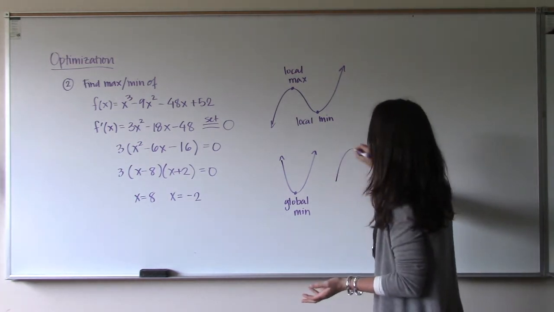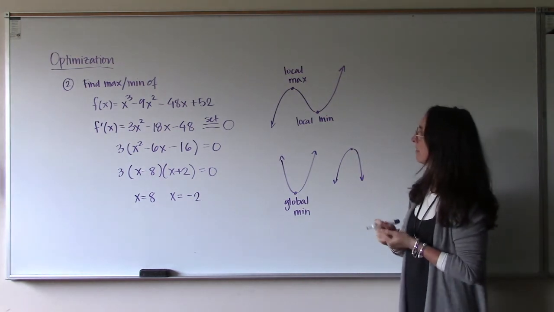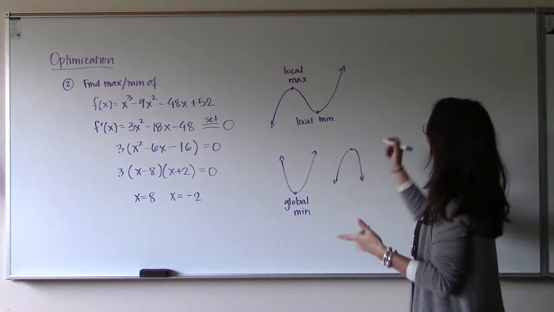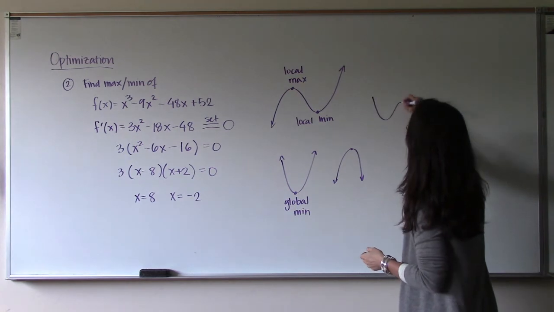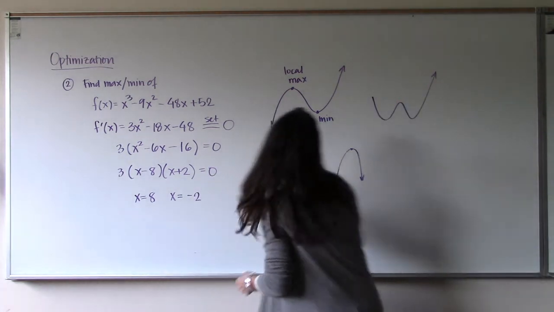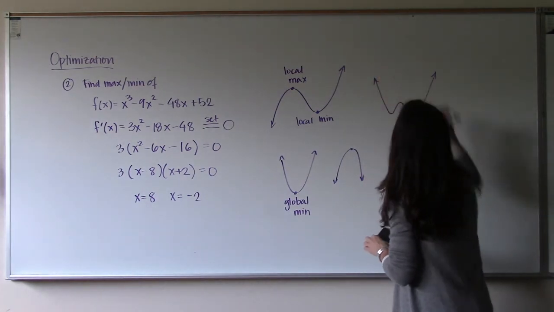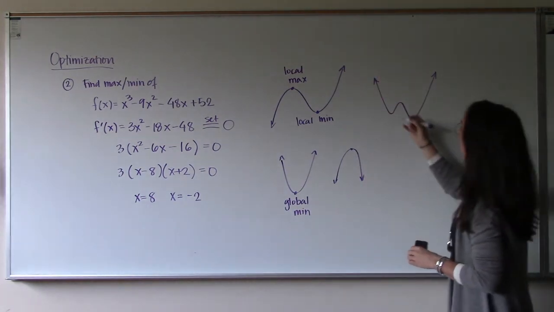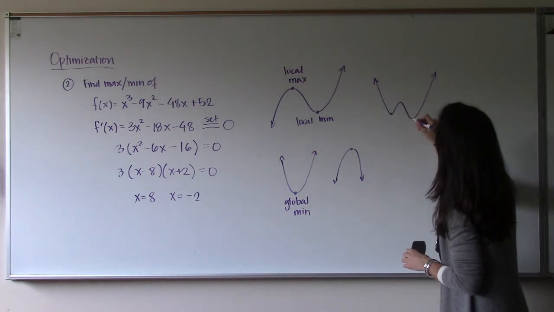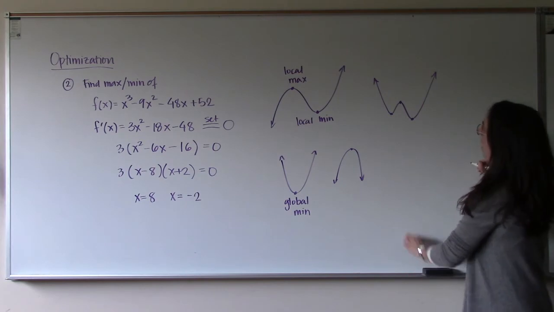And if a parabola opened like this, then it would have a global maximum. You could have some of each. So you could have a function that looked like this. Let me get more pronounced. There's a minimum here and a minimum here and a maximum here.